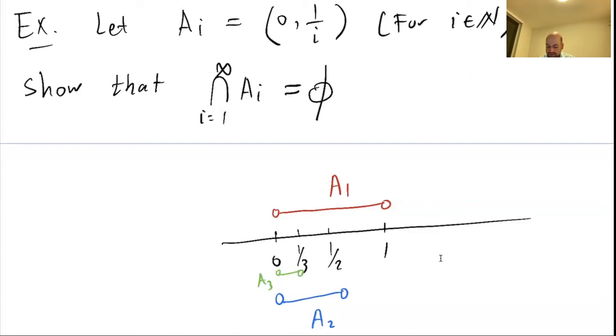And this is a contradiction with x belongs to Ai for every i in N. Remember, we were supposed to have x belong to Ai for every i in N, but right now I found the number j1 where x does not belong to Aj1.